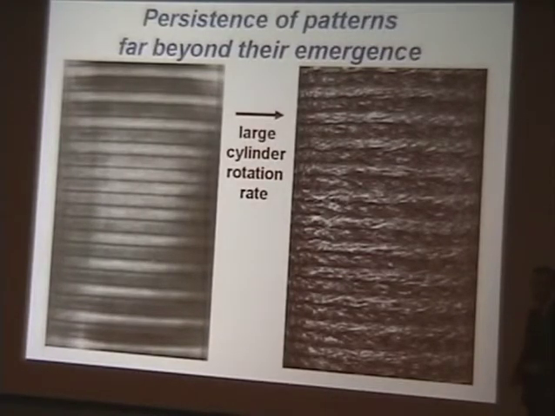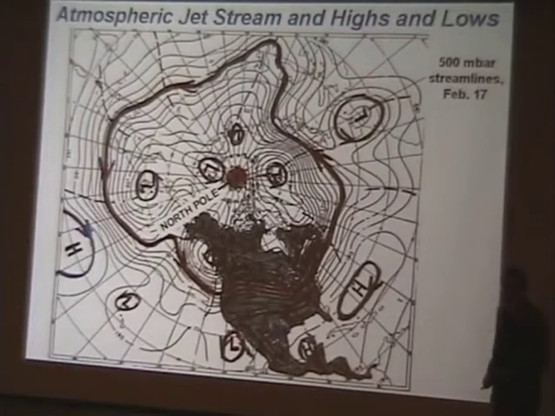Now, if you look on a larger scale, take the atmosphere, which is strongly forced by the sun. You know the flows are very irregular, but if you look at a weather map, you see that there is some structure there. Here's the North Pole now, looking down from the North Pole, and of course this is the North American continent, and I don't need to tell you what this is.